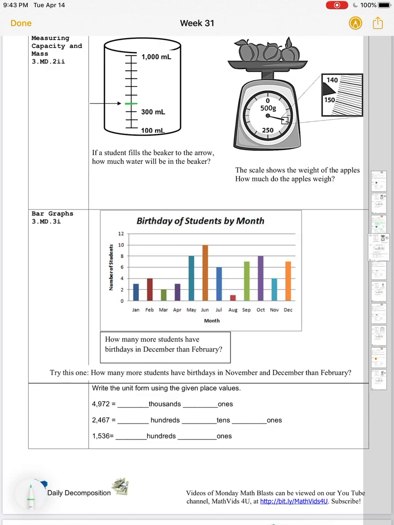So if we've jumped 200 milliliters, but there's one in the middle of those, then that would be 100 milliliters for each tick mark. So this would be 200 milliliters, and this at the arrow would be 400 milliliters. So I'm going to note that for my answer here. 400 milliliters is where the arrow is.